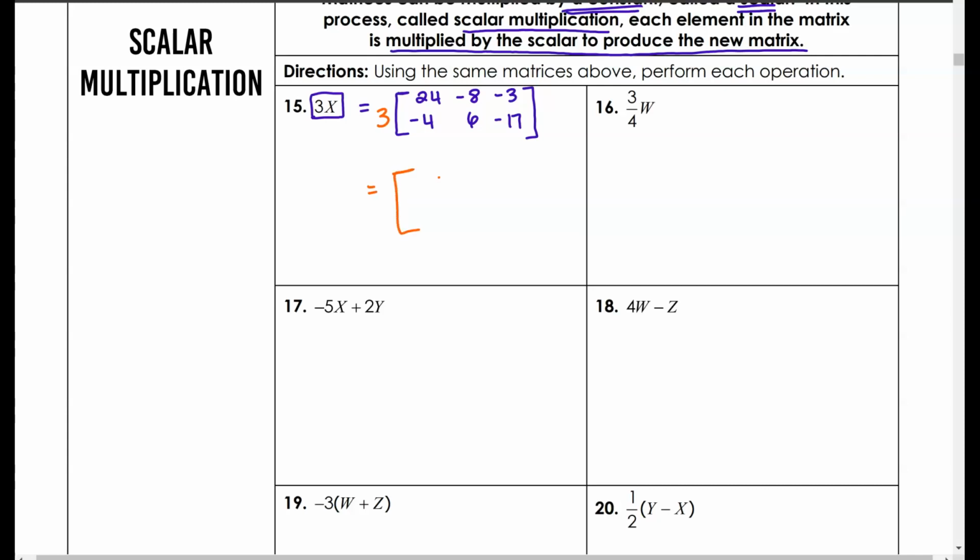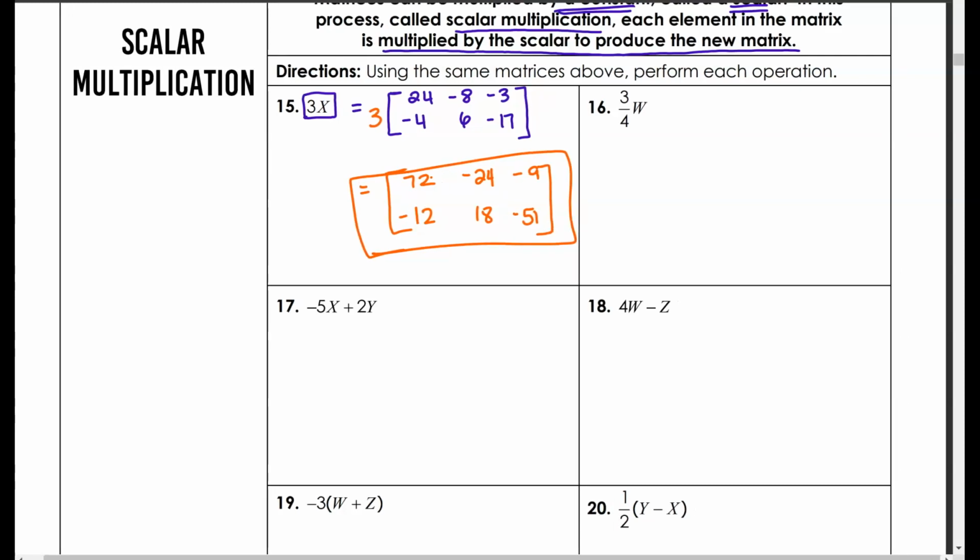So 3 times 24 will give me 72. 3 times negative 4 gives me negative 12. And then I'm going to end up with negative 24. 3 times 6 gives me 18. Then I get a negative 9. 3 times negative 17 is going to give me a negative 51. So that's how we do scalar multiplication.